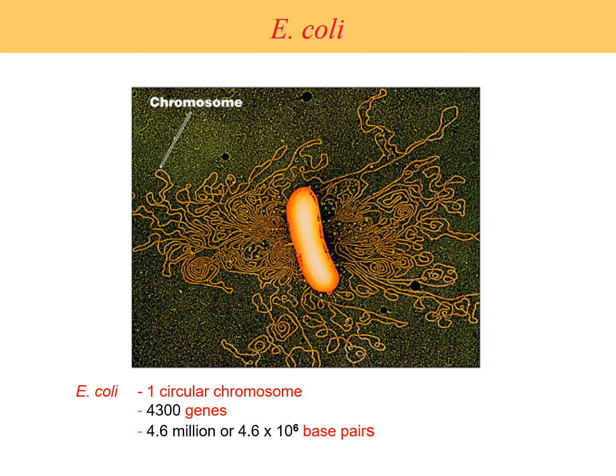Now, even a simple little prokaryotic organism, a bacteria like E. coli, has chromosomes. It has one chromosome and it's circular, unlike eukaryotic cells that have linear chromosomes. There are a lot of genes, doesn't matter how many, but there are a lot. Again, not anywhere near as many as you would find in a human, for example. There are many base pairs, AT and GC, which those are base pairs.